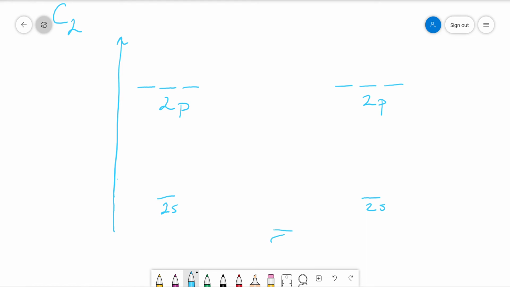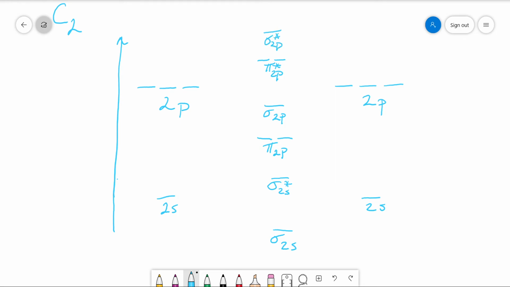We have the sigma 2s, sigma star 2s. Then we have the pi 2p, and there are 2 of those. Sigma 2p. And then we have the pi star 2p and the sigma star 2p.